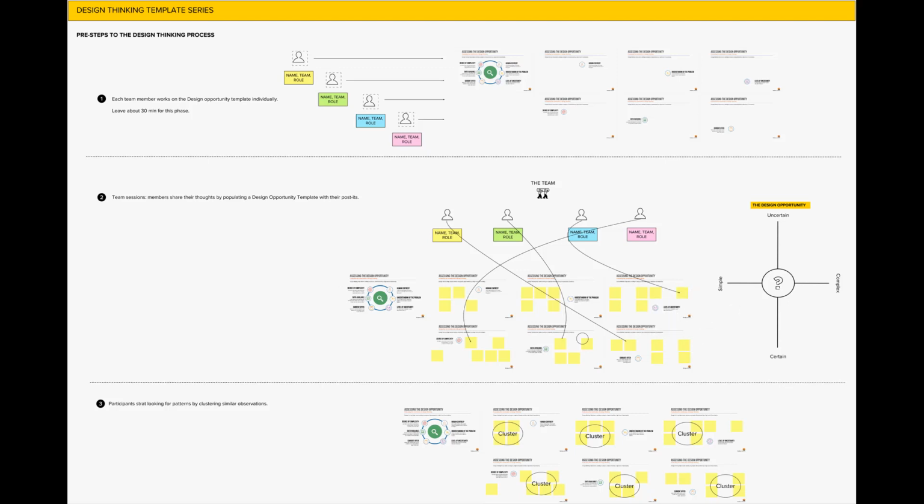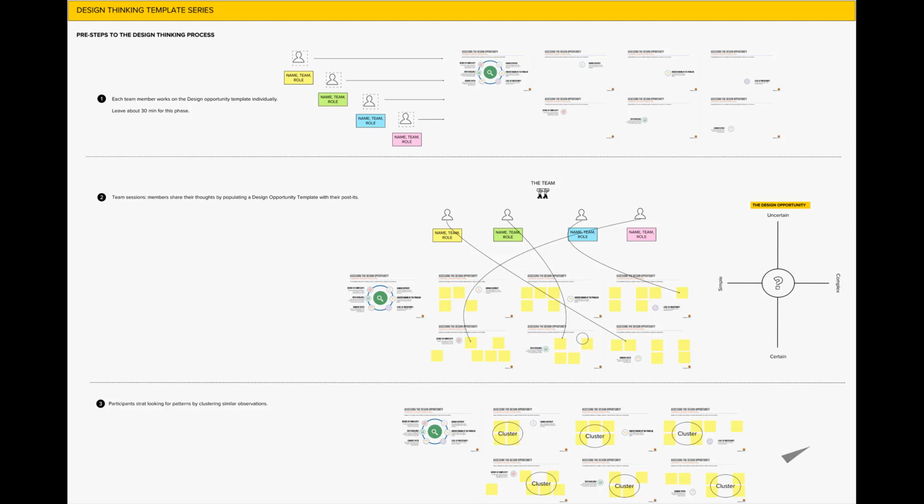First of all, you need to have a blank template for the meeting. Then each member adds his or her thoughts to this white template with post-its in the appropriate part of the template. What is important here is to suspend judgment. Each team member must be feeling comfortable sharing his or her thoughts.